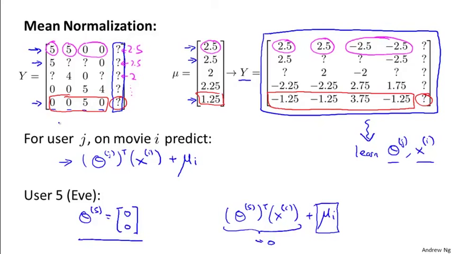And so taking care of the case of a user who hasn't rated anything might be more important than taking care of the case of a movie that hasn't gotten a single rating.